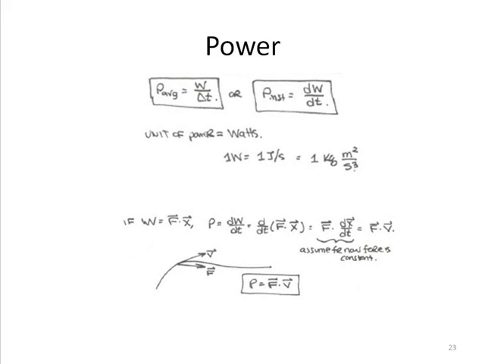But for now, we're confining ourselves to cases in which the force is constant. So we're defining df dt equals 0. So the first term drops out, and we are left with only the second term, f dot dx dt. But dx dt is the speed. So we see in cases where we have a constant force that's being applied, the power is equal to the force dot product with the velocity.